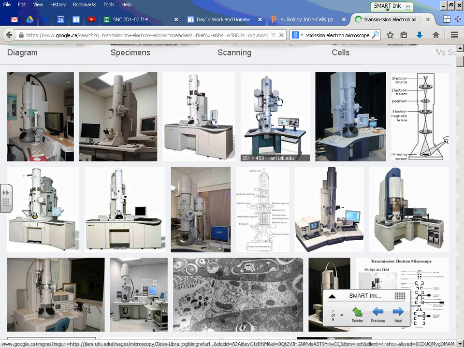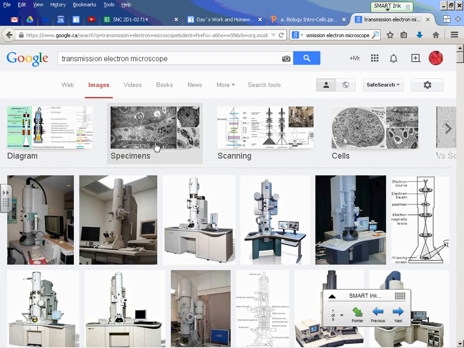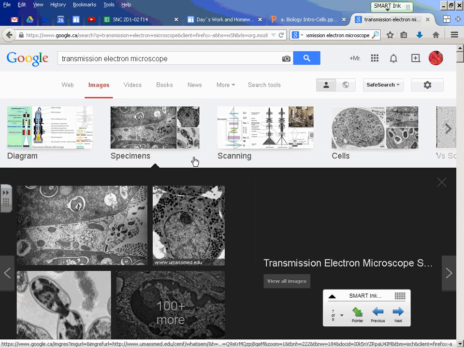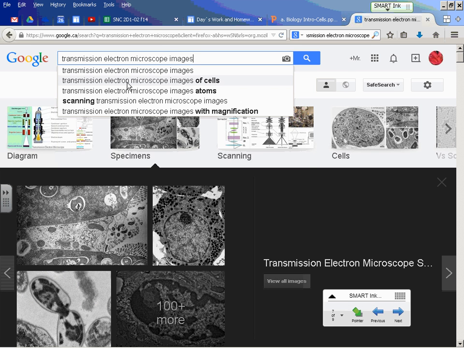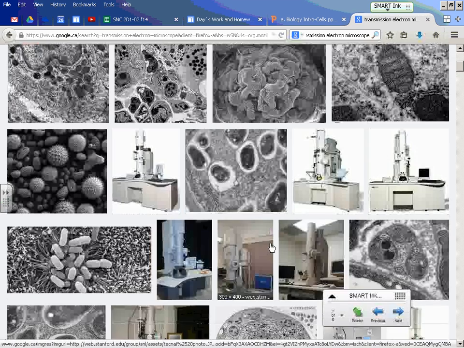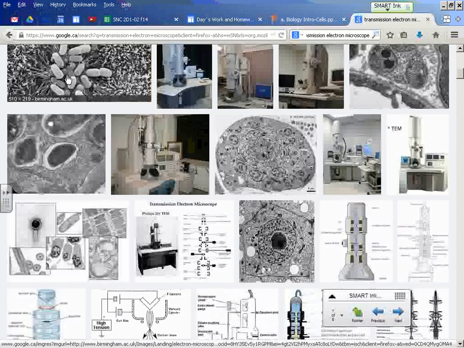All right, and so that's what the scanning electron microscope looks like. Specimens. Those aren't good ones. That's terrible. Scanning electron microscope images. That's not bad. That's not a bad one there.